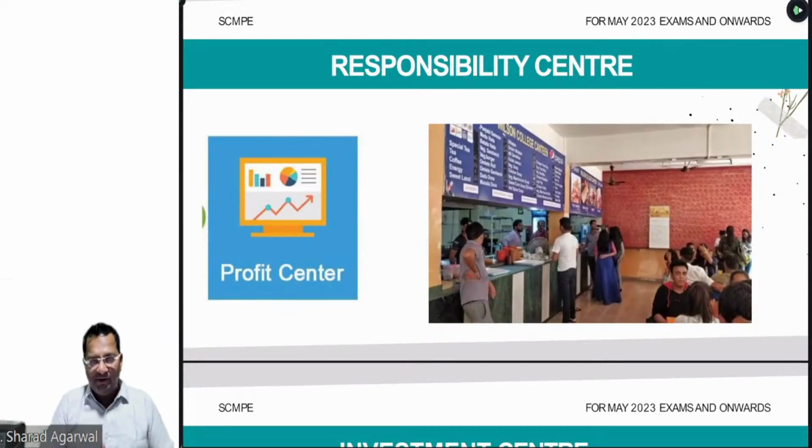Any other example, beta, related to profit center from your side? प्रॉफिट सेंटर का और कोई एग्जांपल आप देना चाहेंगे? When you think, beta, then the concept will permanently be retained in your mind. That's why I'm asking you multiple questions right from the very first lecture.